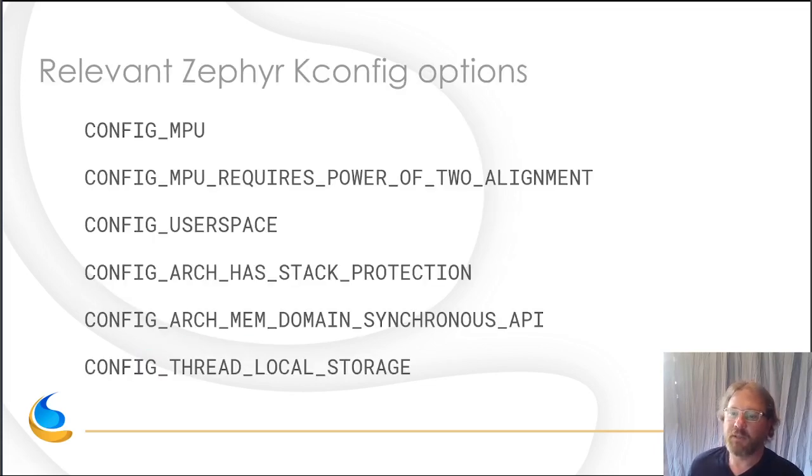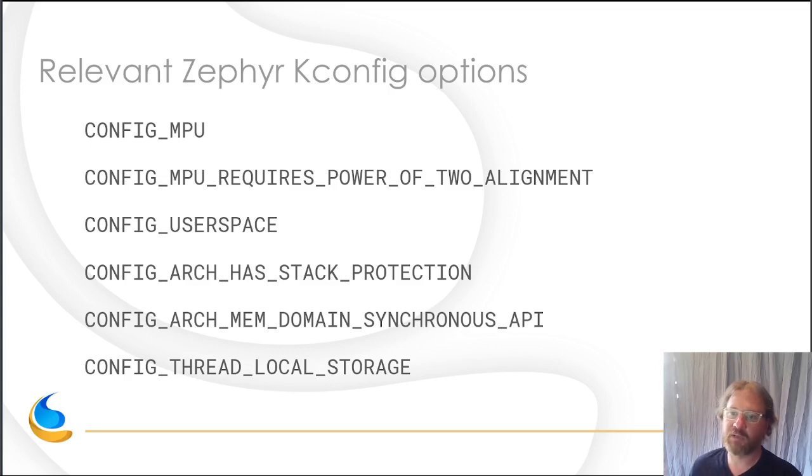Okay, also potentially familiar to Linux users is Kconfig. Zephyr is configured at build time using Kconfig, just like the Linux kernel. And here's a handful of options that are involved in the features that we're talking about. The one thing to note is that user space itself can be enabled or disabled in Zephyr.